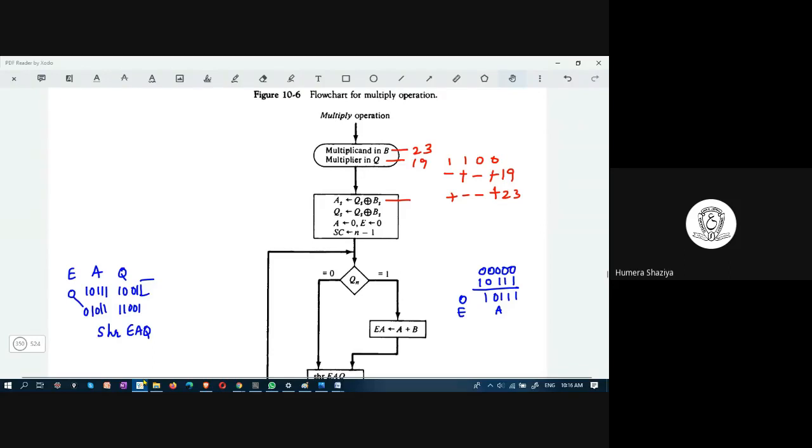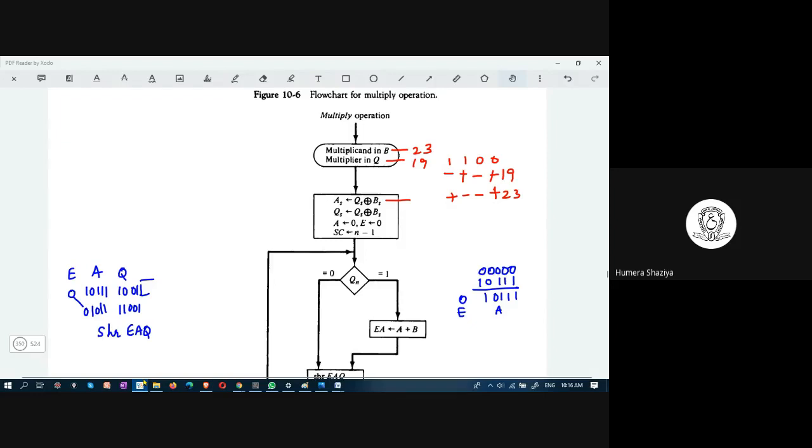Sign bits are checked: QS XOR BS, that is stored in AS. QS is multiplier and BS is multiplicand. Whatever is their sign, you are storing in AS. A is the accumulator that will store the partial products as well as the final product.